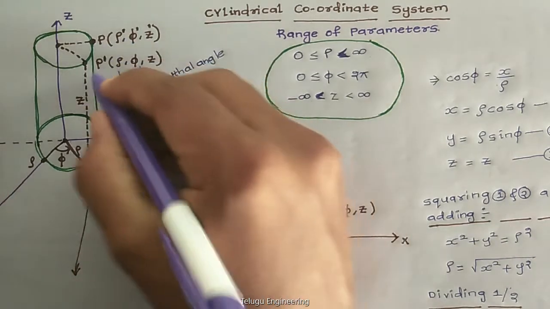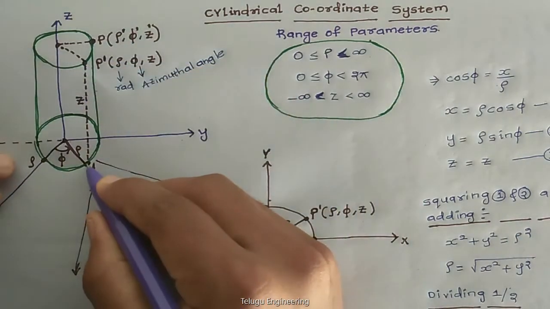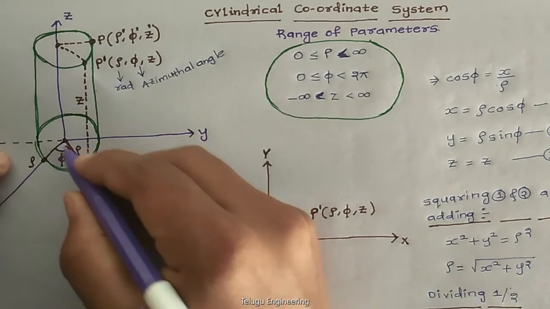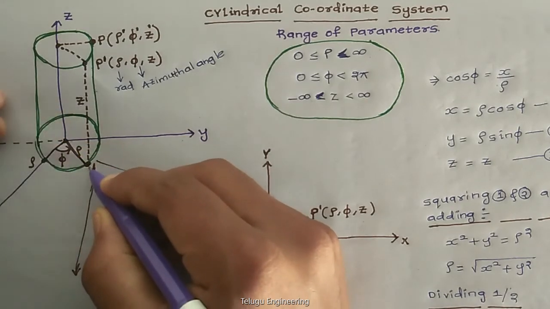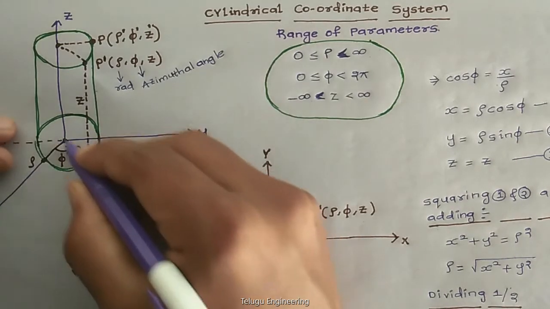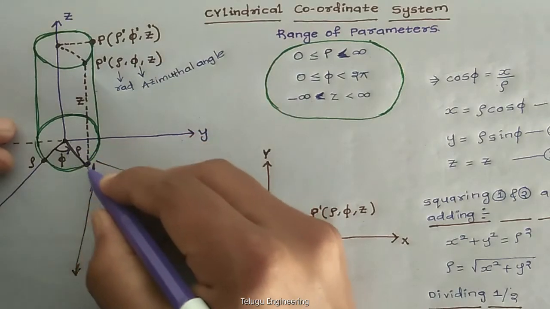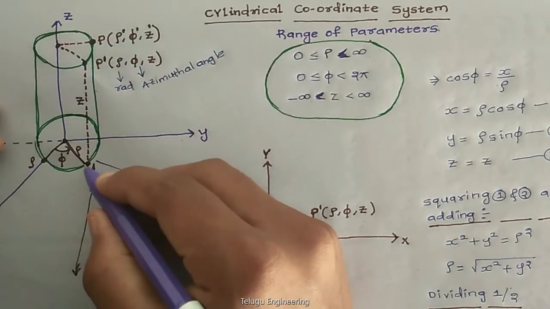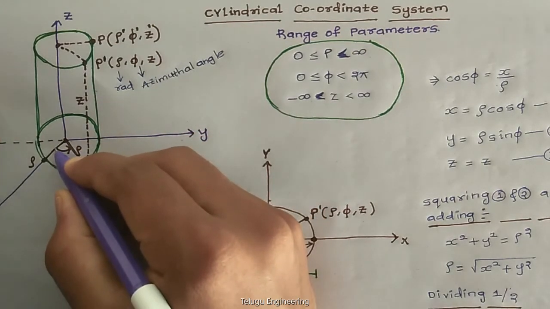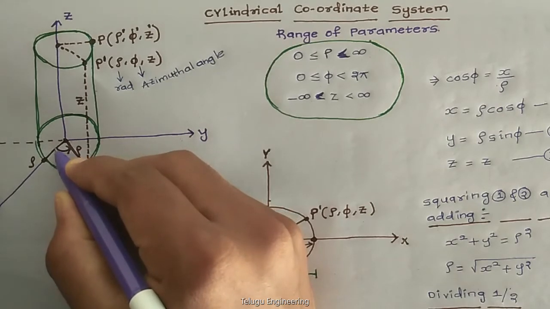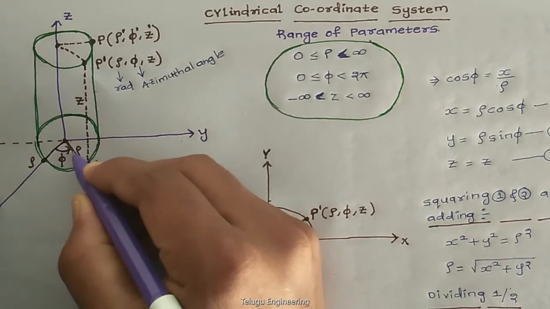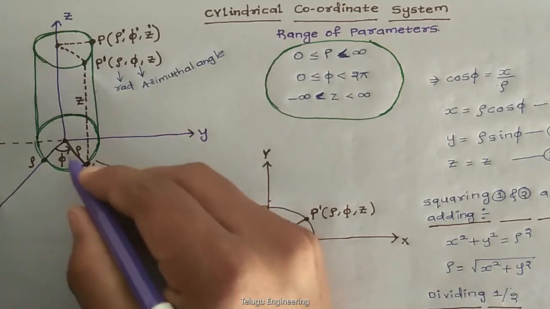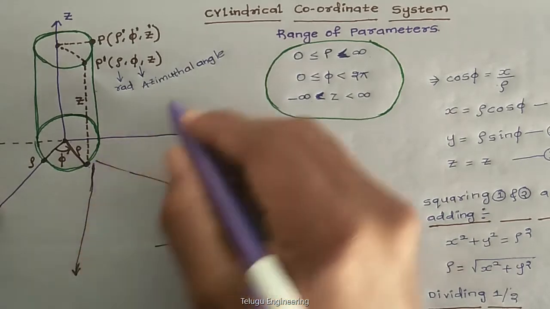We get a straight line joining the origin and the point. If we measure the angle from the x-axis to this line, that is known as the azimuthal angle.